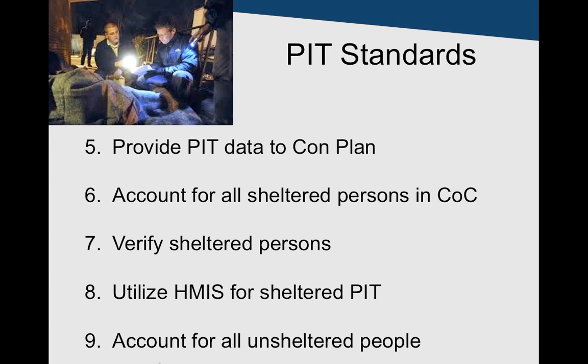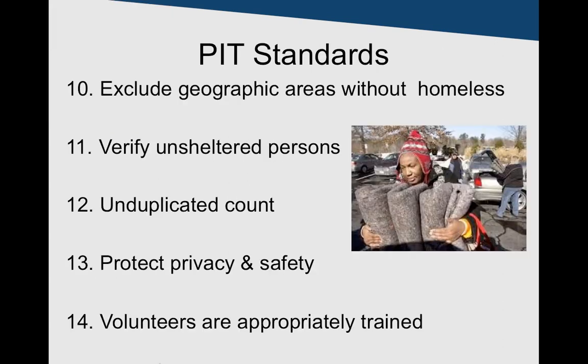Ninth, CoCs must also account for and report on all unsheltered homeless people residing in the CoC's geographic territory. Tenth, CoCs may exclude geographic areas where the CoC has determined that there are no unsheltered homeless people, including areas that are uninhabitable.